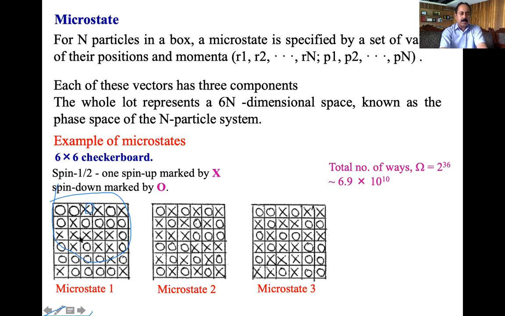So altogether 36 particles are placed in this checkerboard in two dimensions.